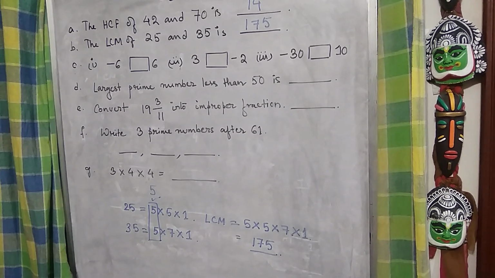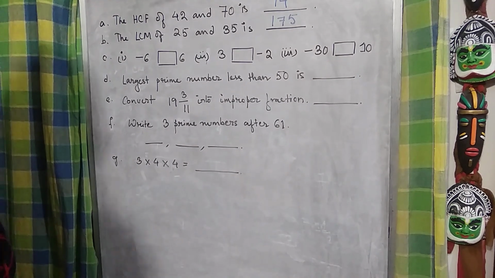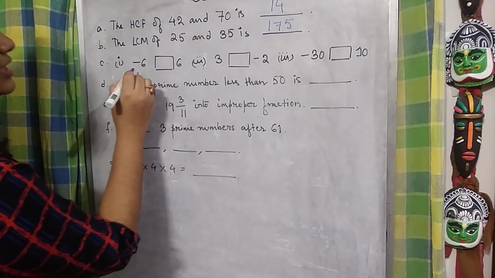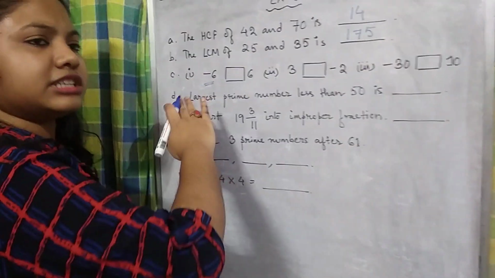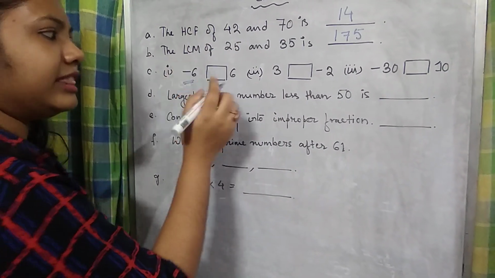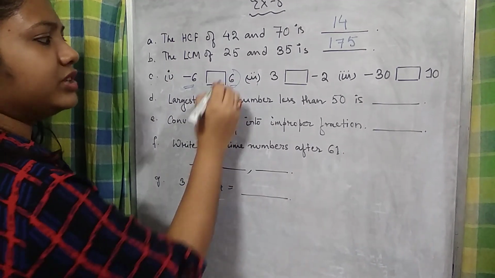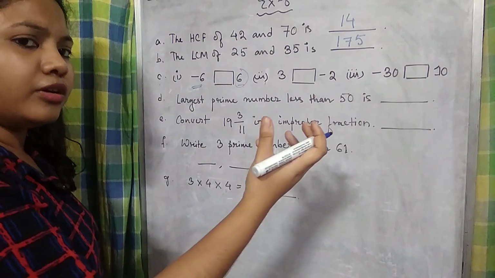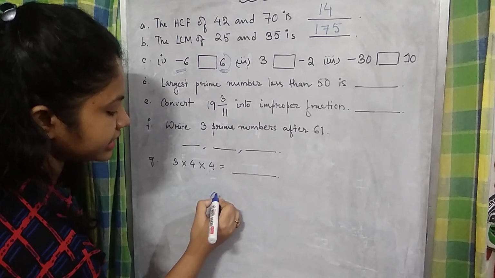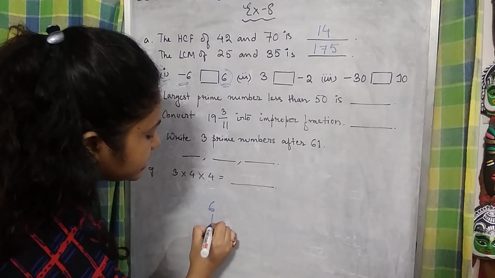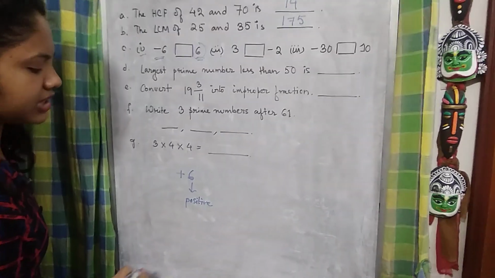Now coming to C. Here, there are certain numbers given, and we have to find which is bigger and which is smaller. I am telling you a small trick: whenever you see a number with a minus sign before it, that number will be smaller than the normal whole numbers, which have no sign before them and are called positive numbers. For example, 6 is a positive number because there is a silent plus before it.